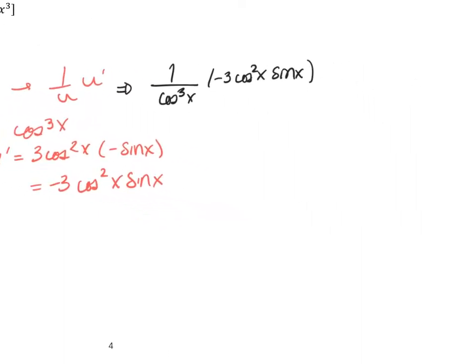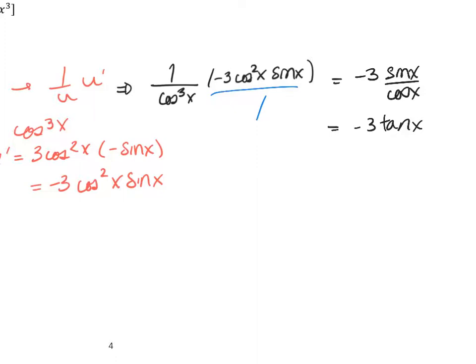My cosines cancel, so I end up with negative 3 sine x over cosine x. My final answer is negative 3 tangent x. You have to simplify. It's not the calculus that's going to mess you up, it's your simplifications.